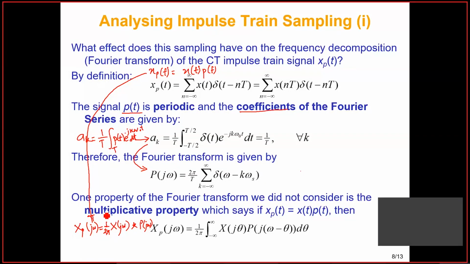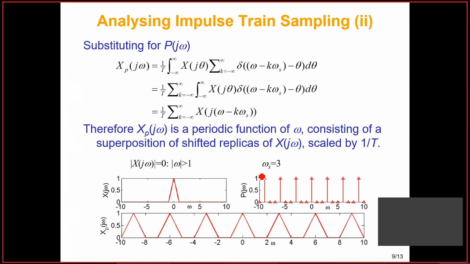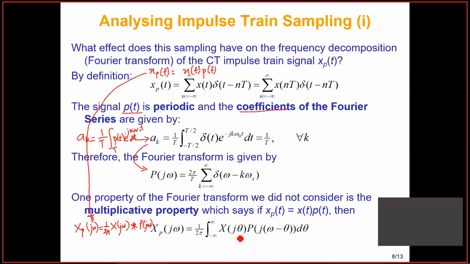So if you just take 1 over 2π outside and do convolution, simple formula, integral type also, you will end up getting the thing that you see right here. So here they are just using that convolution formula, X(jθ)P(j(ω minus θ))dθ. You can use tau also if you want, but it is using the theta sign here.